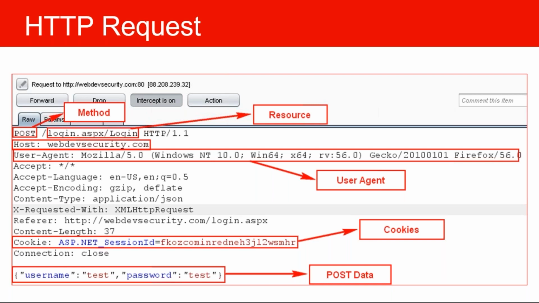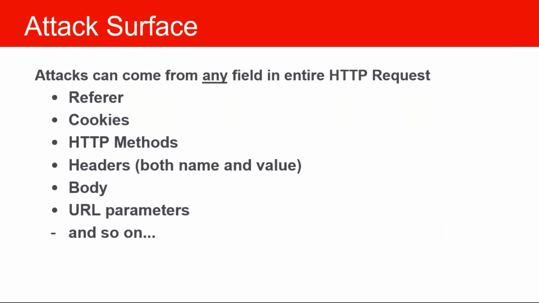Now, the biggest fallacy amongst the developer community is that they believe that only the user sent data is under the control of the user, right? What a lot of developers do not realize is that anything in this HTTP request can be tampered with, and hence this entire HTTP request is what we call the attack surface.